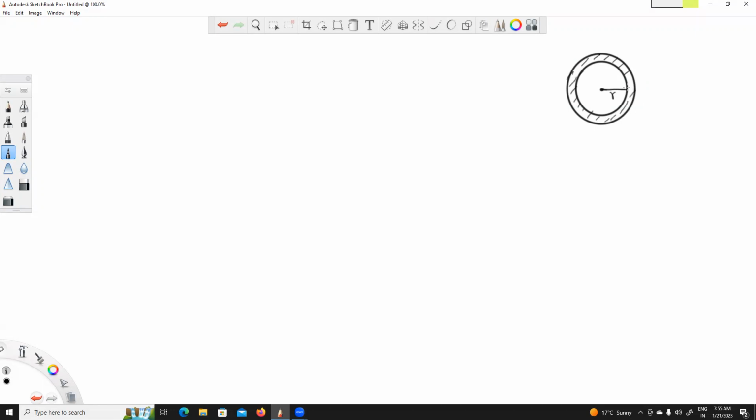This shell has a thickness equal to dr. So basically we have a large cross-section area having capital R radius, in that we have considered a small shell at radius r, and it has a certain small thickness dr.